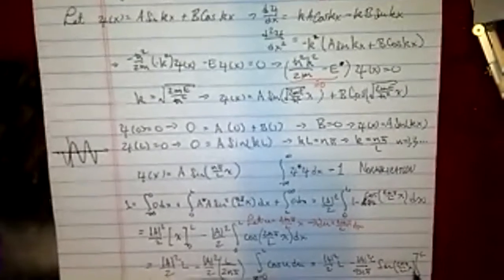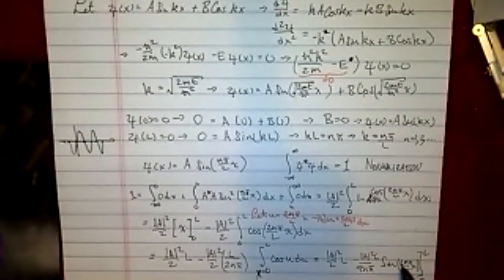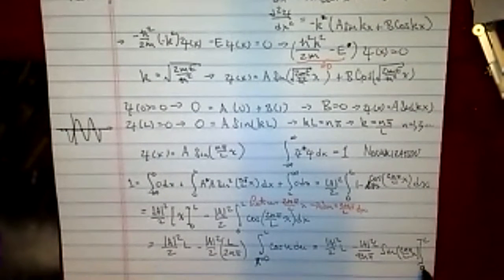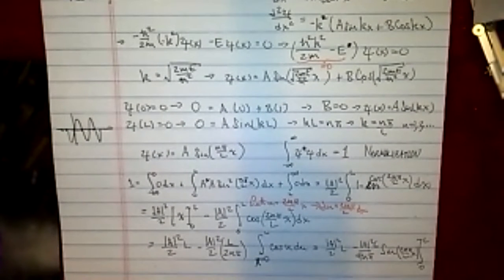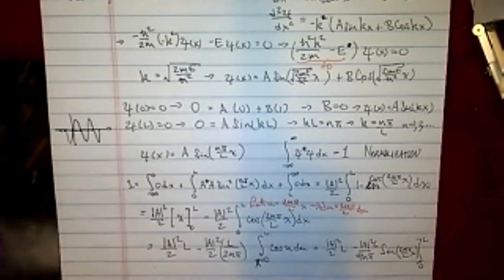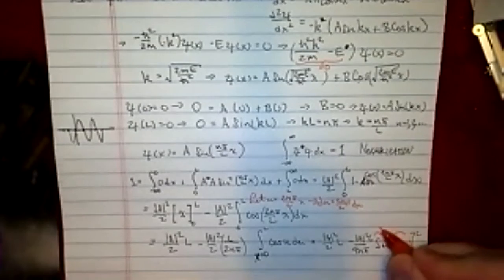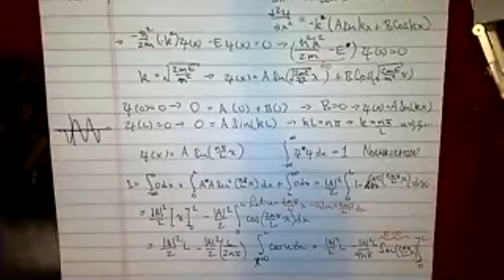And I think you can tell, since I put an L in there, I'm just going to get 2 n times pi. That's going to be 0. And when I put an x equals 0 in there, I'm going to get 0. So this entire term is going to be 0 minus 0. So that gives us nothing.